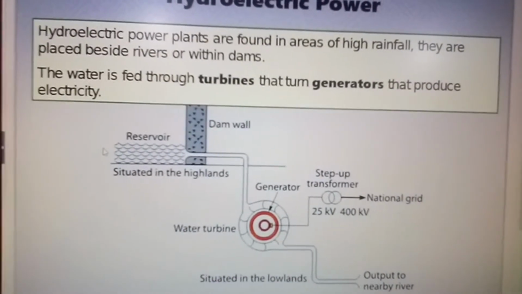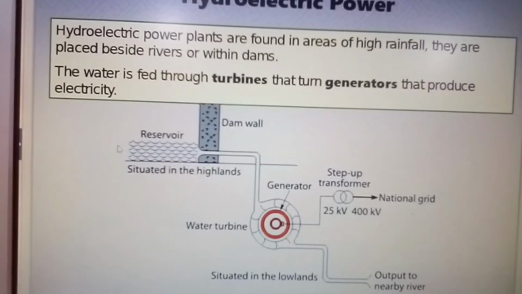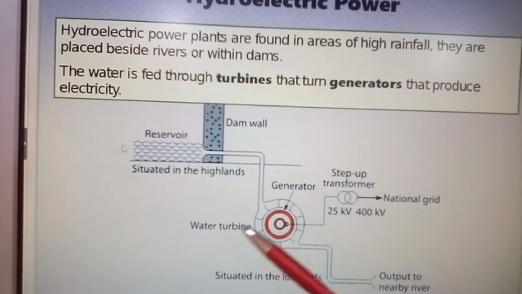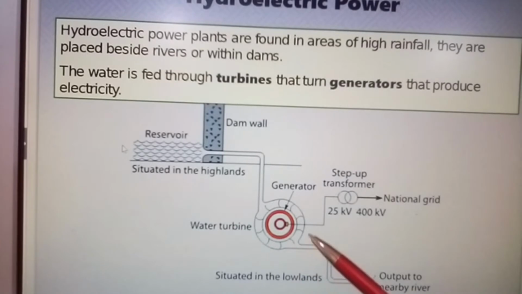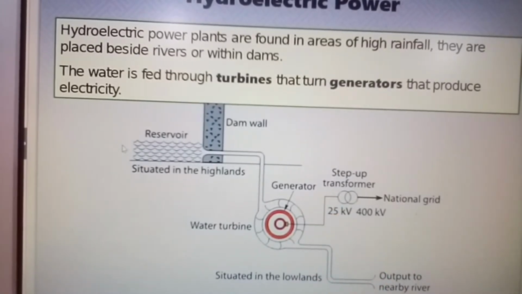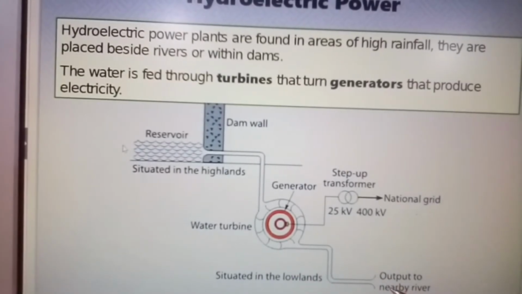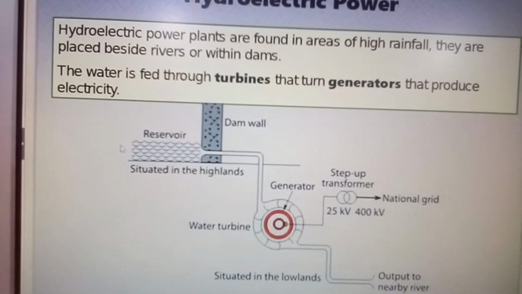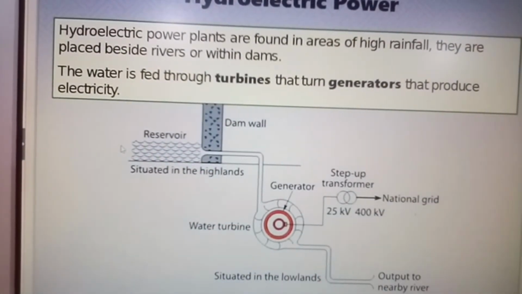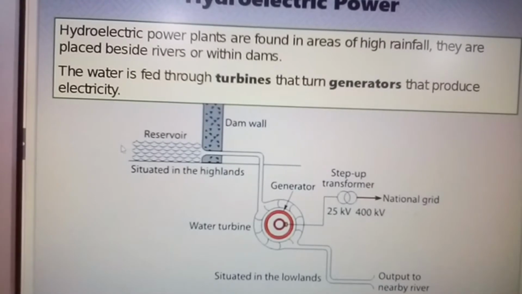Hydroelectric power. Again, here we have just a simple water turbine being driven by water, which generates electricity. The output here can go to a lower level reservoir, and then it's pumped back up to the reservoir. And that's your output voltage.